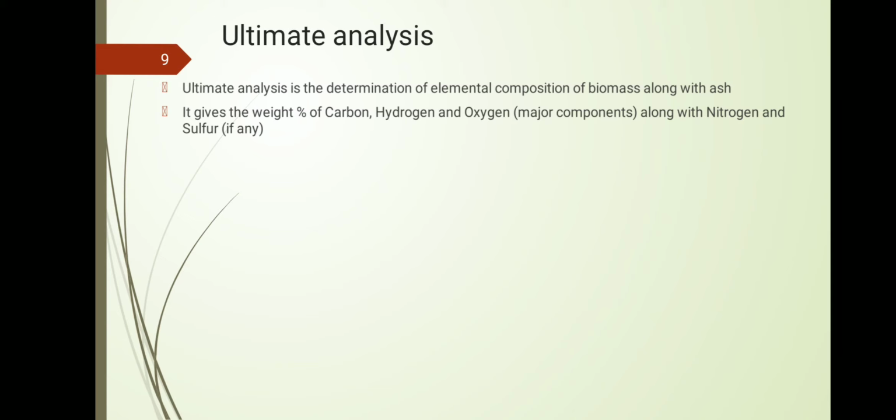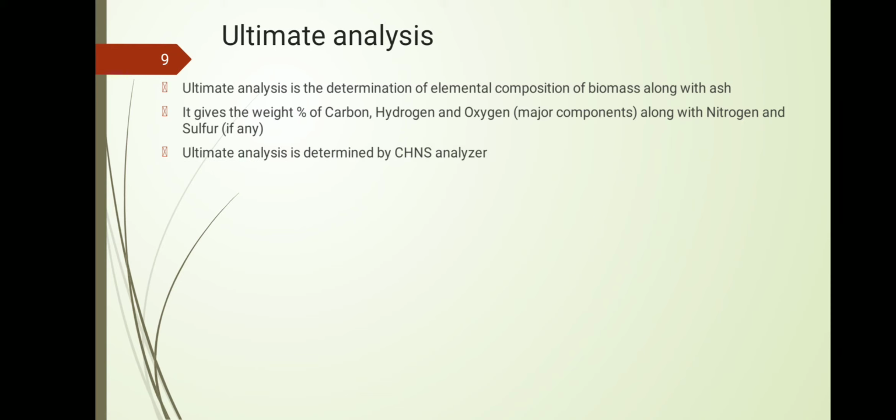If we have more carbon content, it will have the capability of producing more carbon monoxide and carbon dioxide, and if we have more hydrogen, the water vapor or hydrogen gas will be more on the product side. So like that we can predict the composition of gas or liquid produced from this biomass with the help of this ultimate analysis. So it is also very necessary.